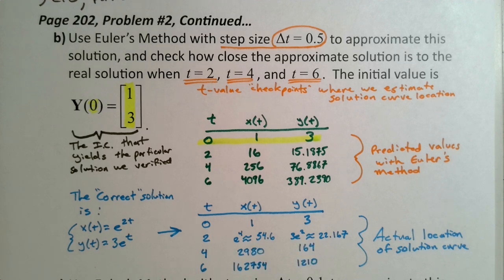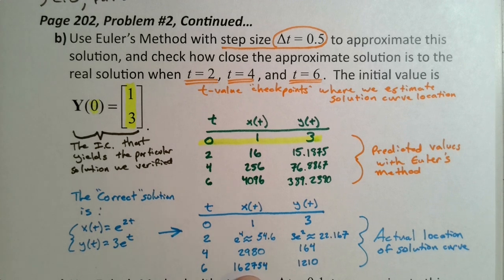After running those calculations, we find that our actual solution for x is way, way off compared to our prediction, and our predicted y values are nowhere near the actual y values. And remember, we're taking a step size of 0.5 in the t direction. So this is after 4 steps, that's after 8 steps, and this is after 12 steps. After 12 steps, we are really, really wrong.